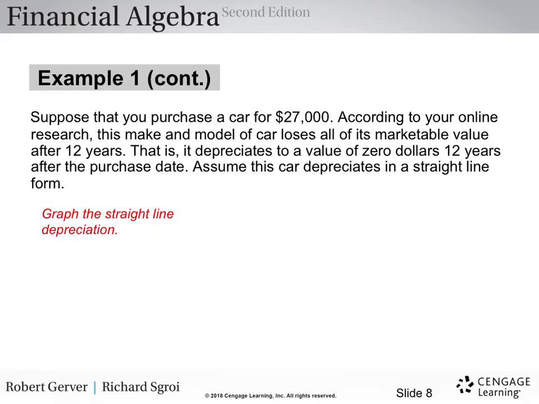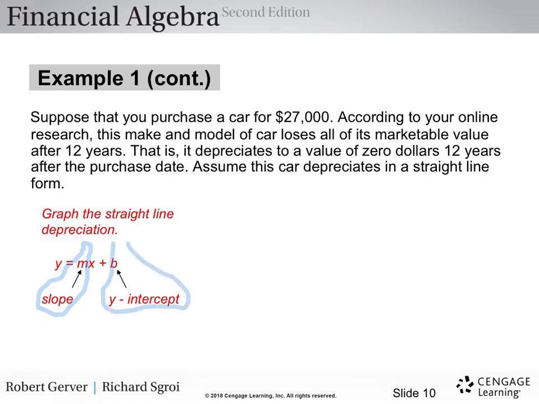Next question is, again using the same data, let's graph the straight line depreciation. Well, remember our formula is going to be y equals mx plus b. Now m is the slope, which we already figured, and b is the y-intercept, and we actually figured both intercepts out.